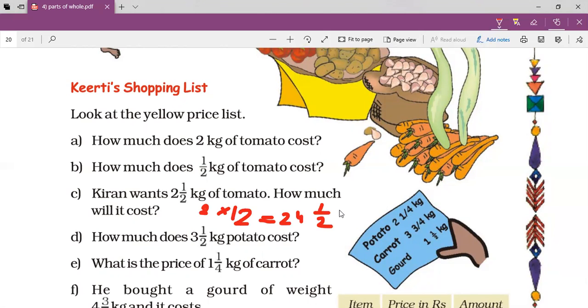As usual, half multiplied by the rate per kg, which is 12. 2 ones are 2, 2 sixes are 12.